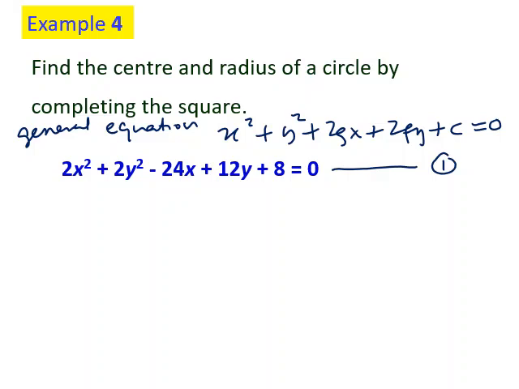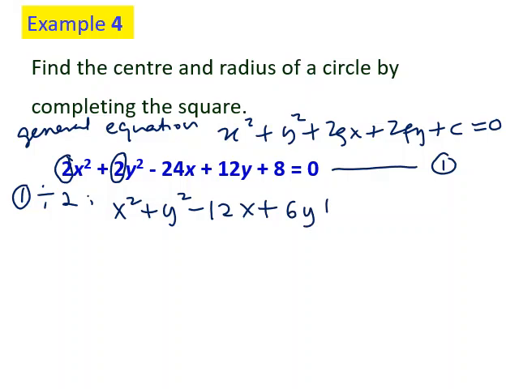But in this case, the coefficient of x^2 equals 2, and the coefficient of y^2 is also 2. So we're going to divide the first equation by 2. Then you will have x^2 + y^2 - 12x + 6y + 4 = 0.